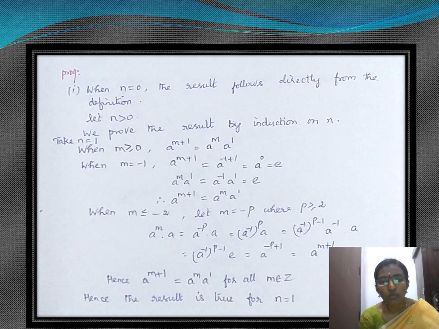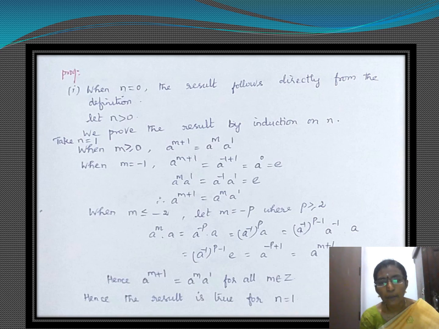When m equals minus 1, a^(m+1) equals a^(-1+1) equals a^0. From the definition itself, a^0 equals e. a^m into a^1 is equal to a^(-1) a^1, which is equal to e, because a inverse a equals e.